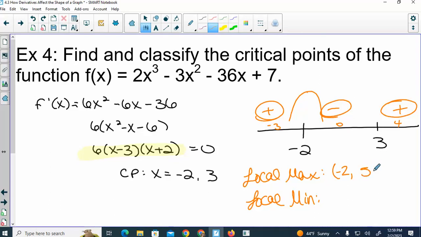And at 3, it was decreasing to increasing, so that would be a minimum. I got -74, I think. On the first one I got -93.